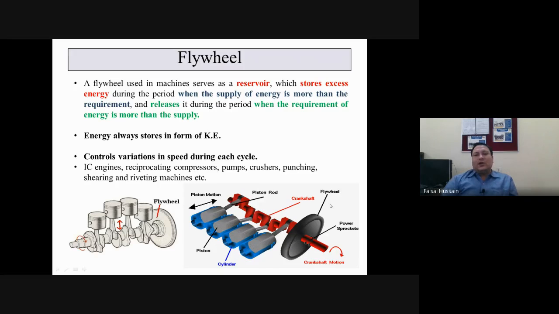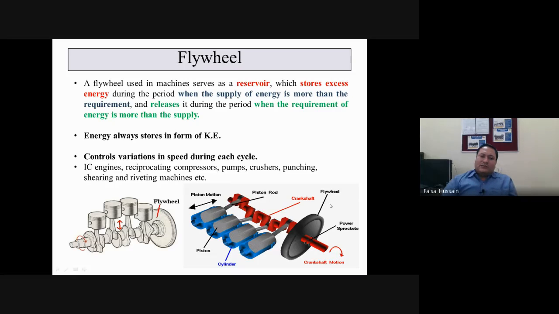The energy stored is kinetic energy. When there is a requirement of energy, it will release the energy, and when there is no requirement of energy, it will store the energy.